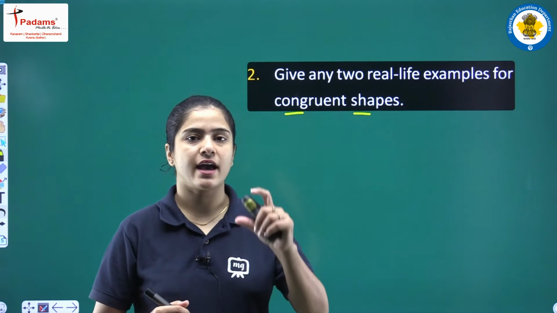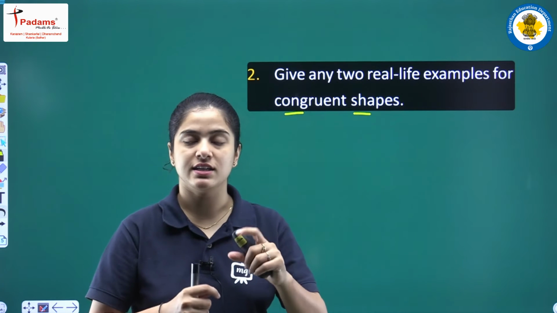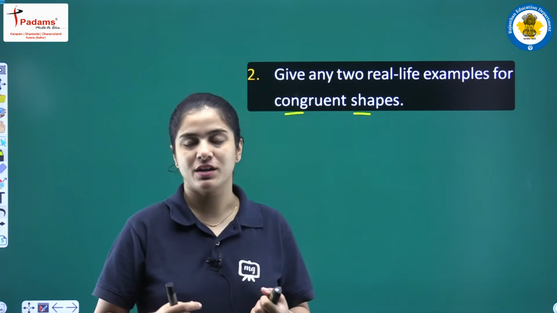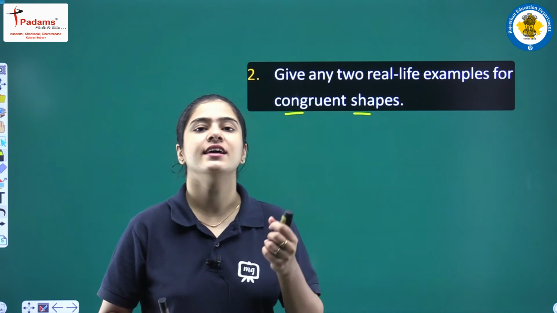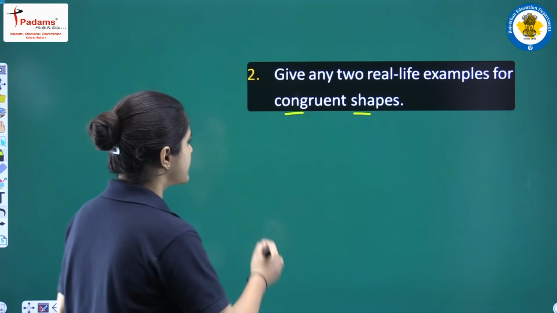When we are having a look at the biscuits of Parle-G, they are congruent in shape. When we are looking at the chocolates of the same brand, then they are congruent in shape. Alright students, write it like that.